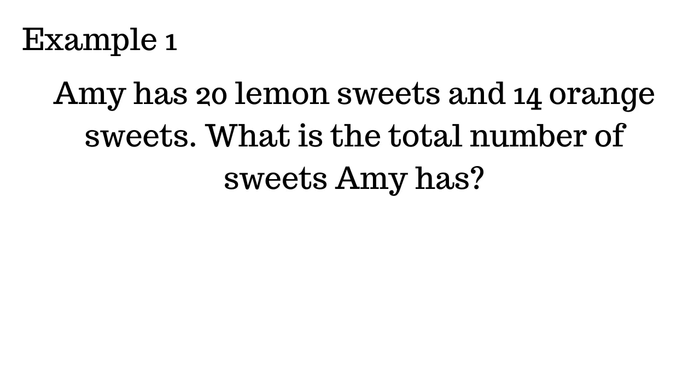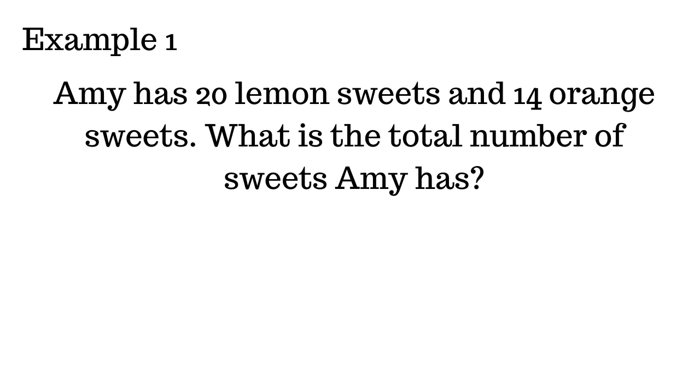Okay, so in this question, there is a character here. Her name is Ami, and she has sweets, and there are two different types of sweets that she has. We have the lemon sweets, and we have the orange sweets. And we are asked the total number of sweets.